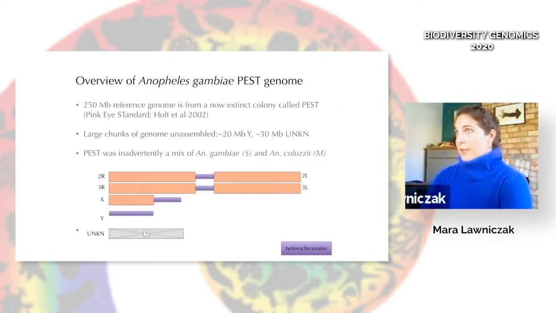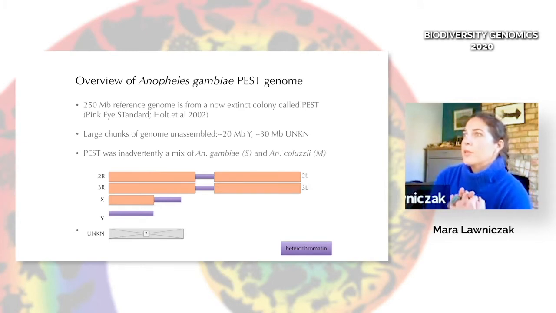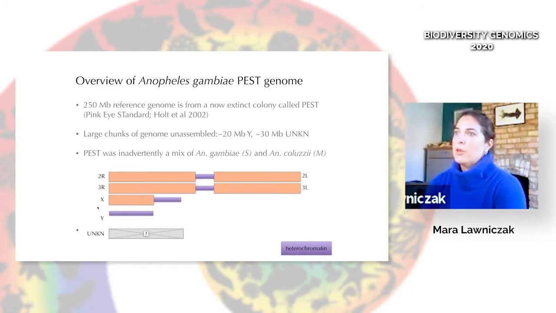Anopheles gambiae has been in a privileged position of having a reference genome for a long time. In 2002, that's 18 years ago, this is the schematic of the reference genome. Like many flies, or Diptera, there are about 3 chromosomes, and you can see that there's a heterochromatic region on these chromosomes.